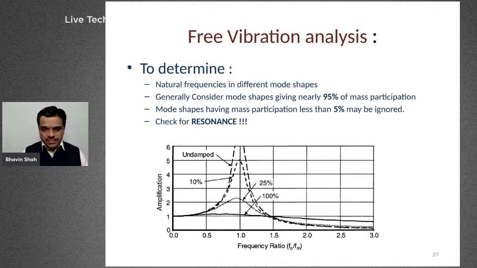So that's why I have written a third line, that the mode shapes having mass participation less than 5% may be ignored. But it is possible that our first, second, third mode, or up to fourth, fifth, our primary modes are quite away from the operating speed, but the higher modes may get very, very close to this operating speed.